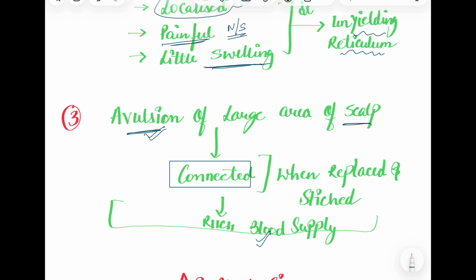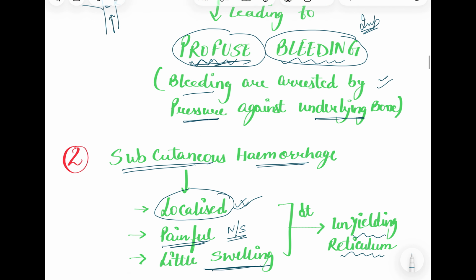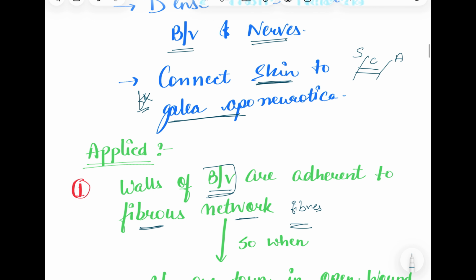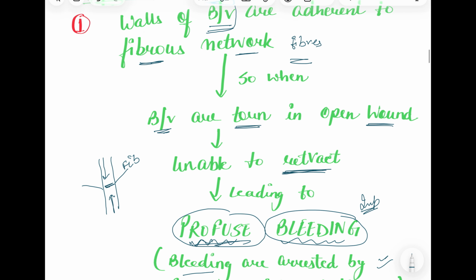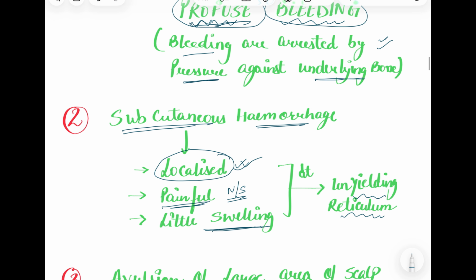So whenever you stitch back, it will get connected. This is the reason why the scalp layer can be sutured back, because of the rich blood supply. So this is the important applied which is related to the second layer, which is the dense connective tissue, or you can say it's C for connective tissue.